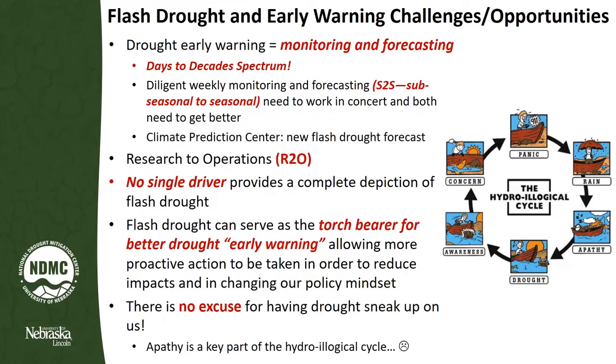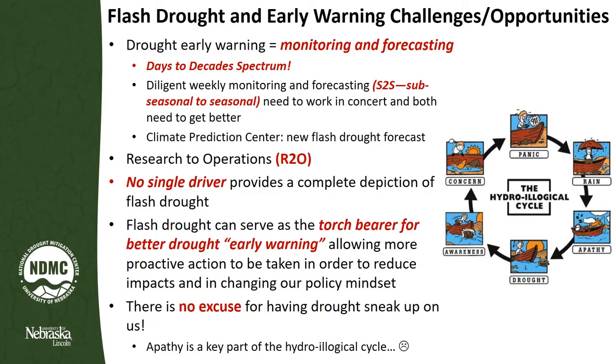Some of the challenges and or opportunities, if you want to look at it as a glass half full: drought early warning is definitely a combination of monitoring and forecasting, and not just forecasting. And we know it has to be, because we know we have a long ways to go on increasing the accuracy of our sub-seasonal to seasonal forecast. The other inherent challenge is that droughts are a days to decades spectrum.